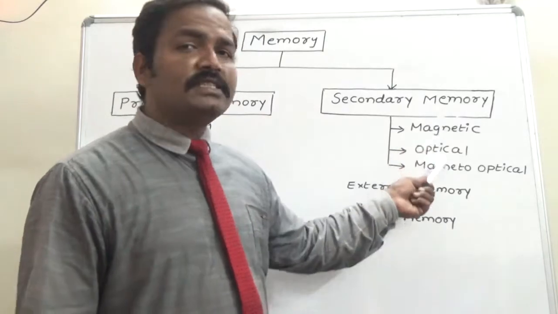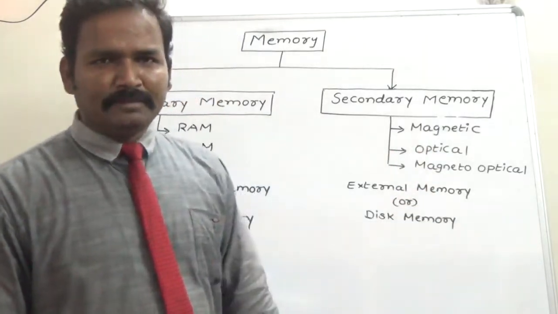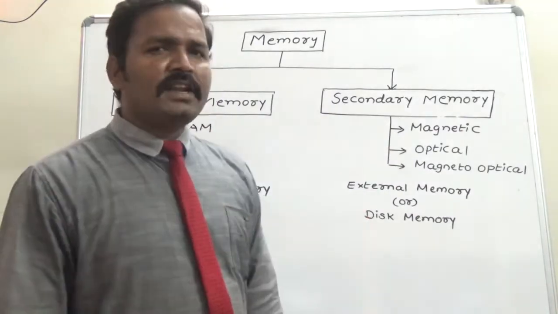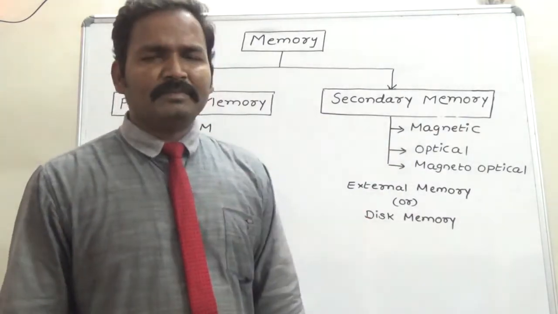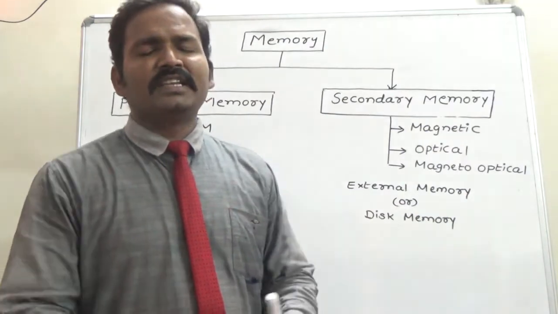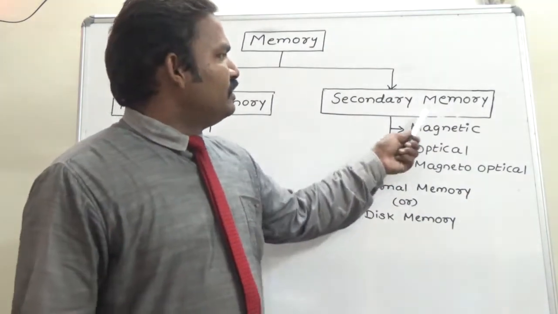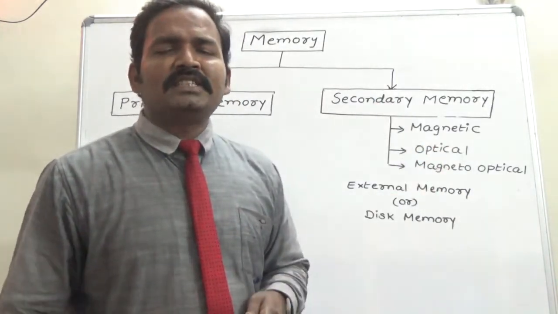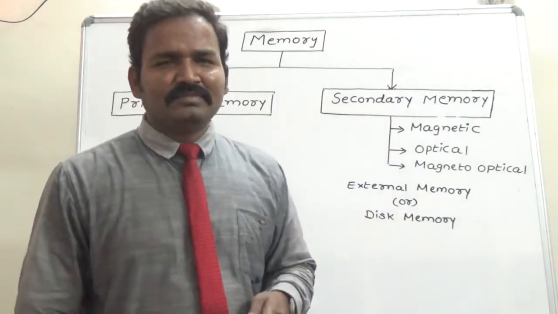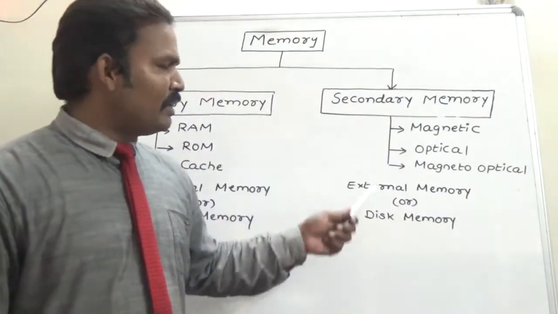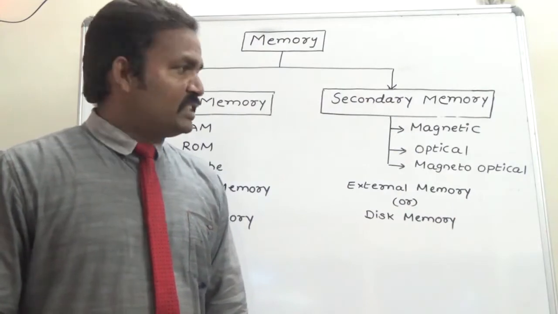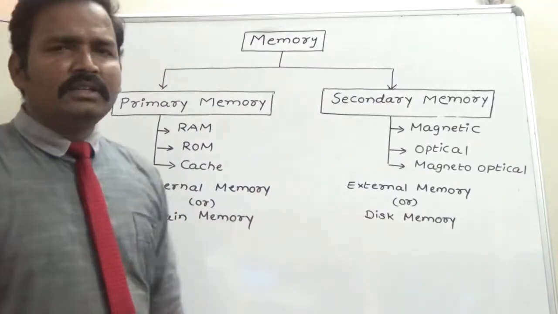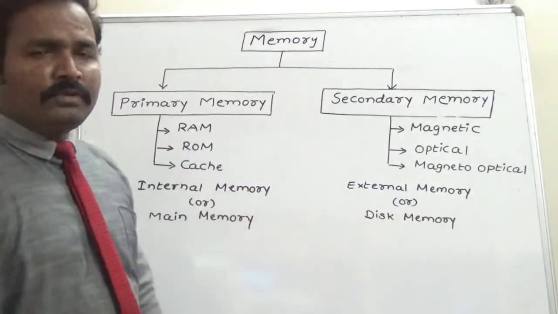Secondary memory is also called external memory, disk memory or auxiliary memory. These storage devices are placed outside the CPU.